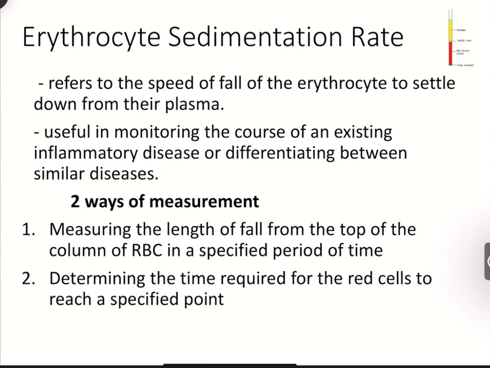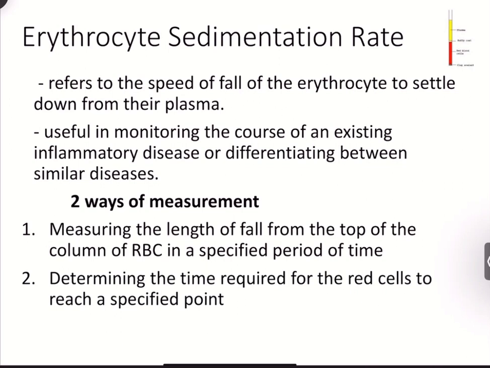We assess how fast the RBCs make the packing, or the sedimentation, in the bottom of the tube. This is useful in monitoring the course of existing inflammatory diseases or differentiating between similar diseases. We have some diseases that need to be assessed using your ESR, like inflammations.